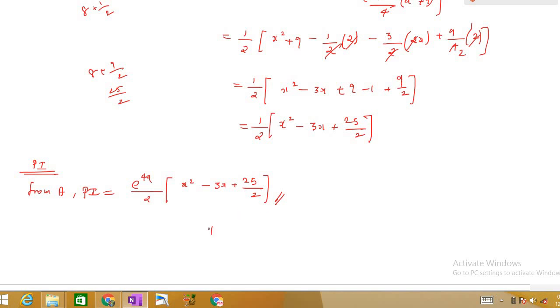Therefore the general solution will be y is equal to complementary function plus particular integral. So just add up the complementary function and the particular integral.